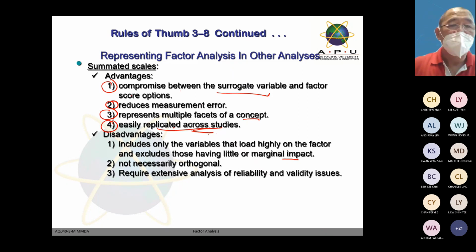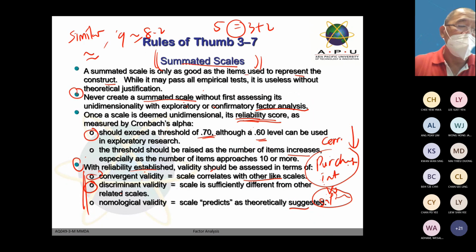The factors are also not necessarily independent, while independence is good because between the factors it is supposed to be independent. It also requires extensive analysis of reliability and validity issues that we discussed just now.